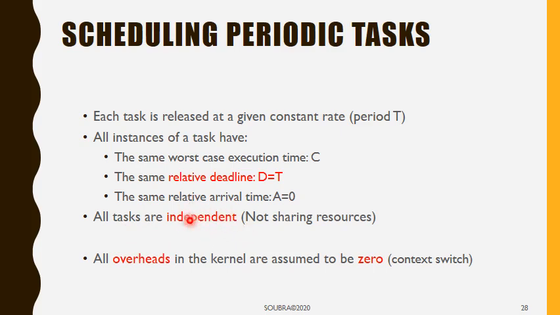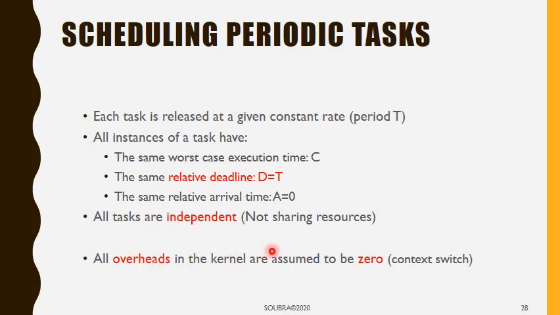Second premise: independent tasks, no shared resources. We're going to tackle that later on. And remember, when we switch between different tasks, who will take over for a small period of time? Well, it will be the kernel, naturally, and more specifically, which module inside the kernel? The scheduler, right?